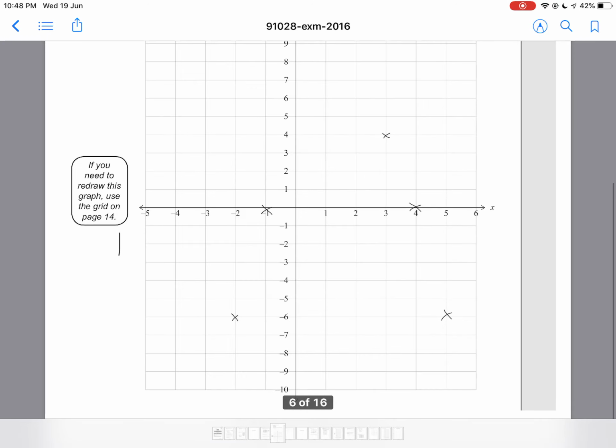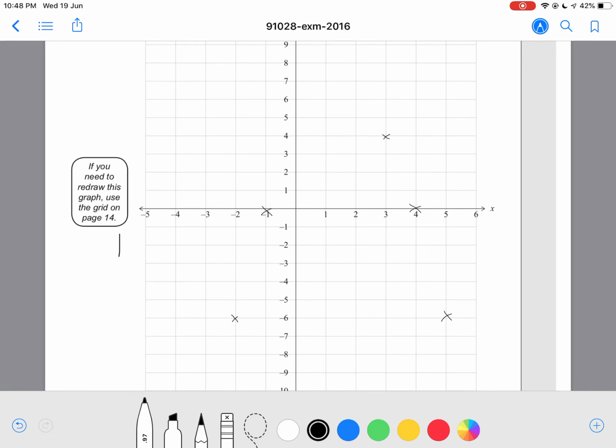So we're going to roughly sketch out this parabola. It should look something like this. Sorry, it's not a very good drawing, it's a terrible drawing. It should look something like this.